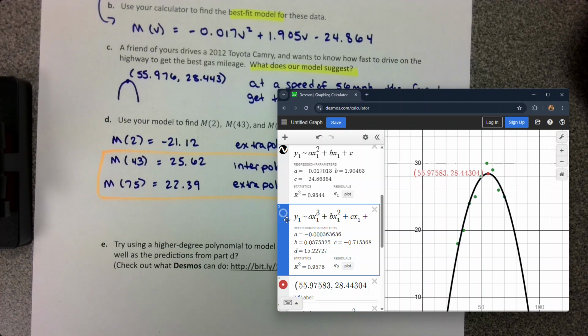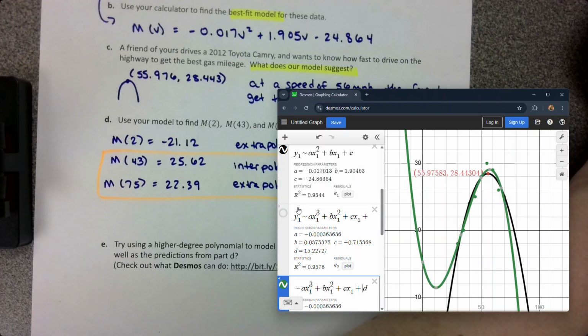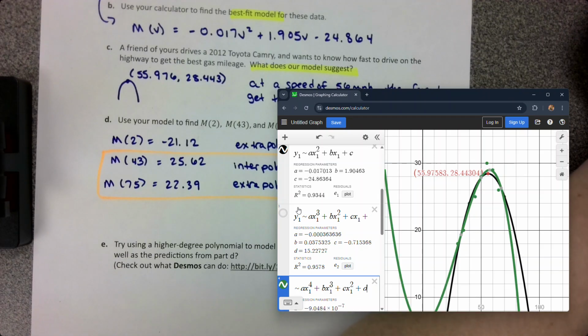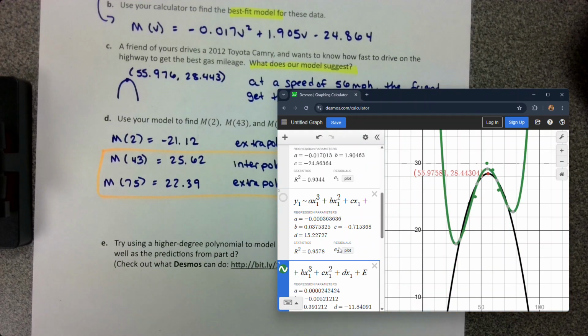I could do the same argument for a fourth degree. Let's copy this one again. Change it to a fourth degree. Oops, that one gives me a third degree term. This one's going to be a second degree term. And it's 1. And capitalized, of course.